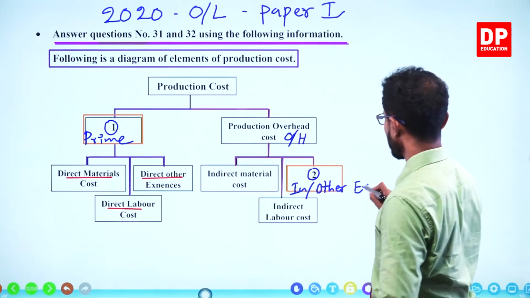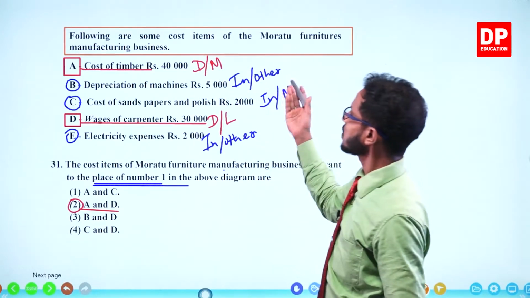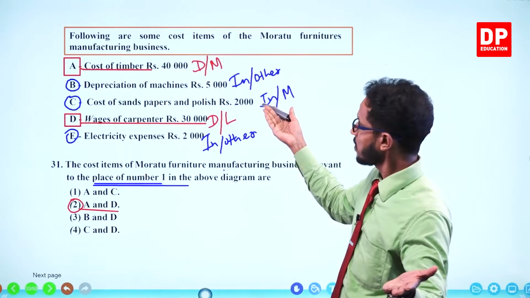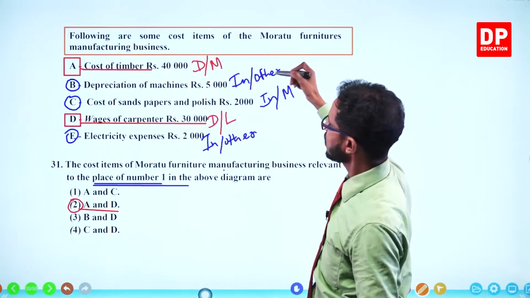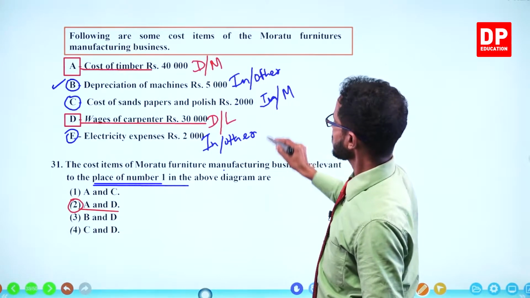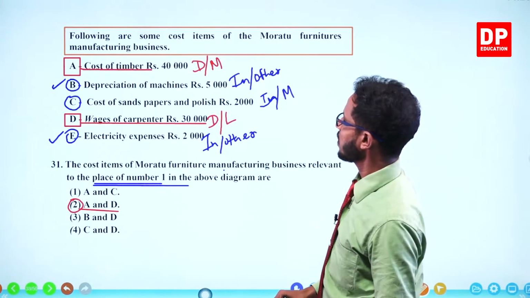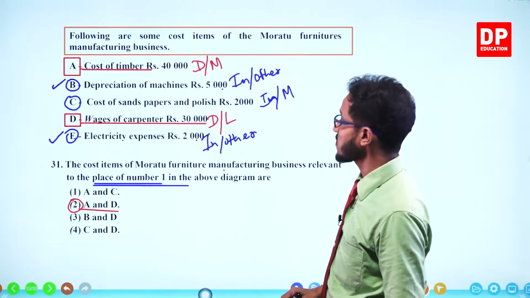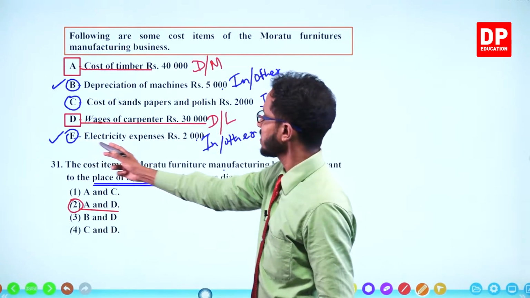What indirect other expenses should come here out of this? We have already marked. Indirect other, see, we have 1, and this is indirect materials now. We have 2. Yeah. 5,000 plus 2,000, it's 7,000. Item number B and item E.